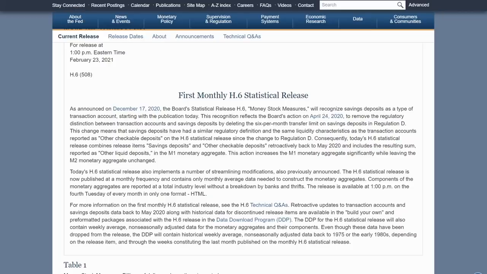And so it gets into the minutiae of all this, but the change affects the M1 monetary aggregate significantly while leaving the M2 monetary aggregate unchanged. But the thing is, it all starts with M1. That's the foundation for all of this.